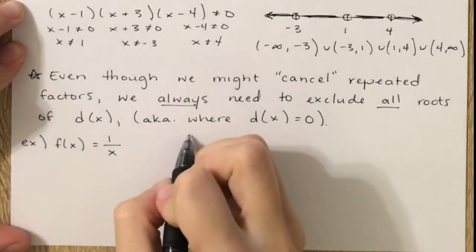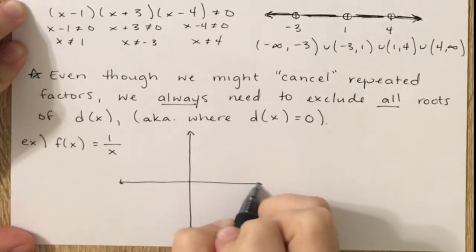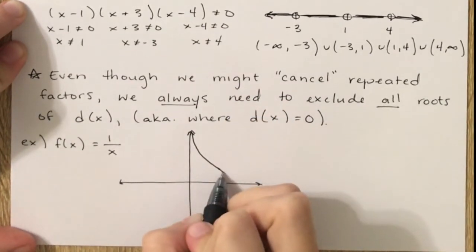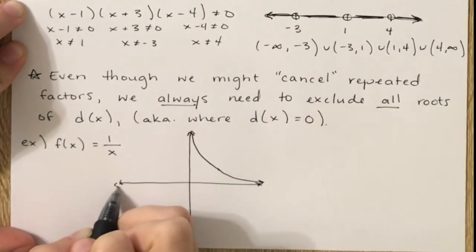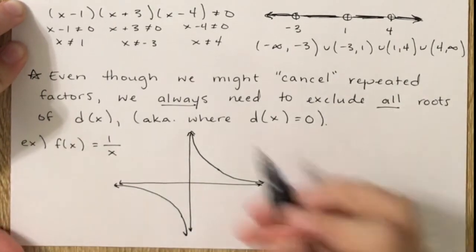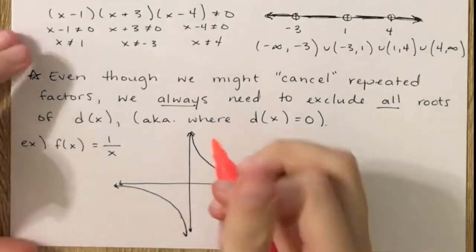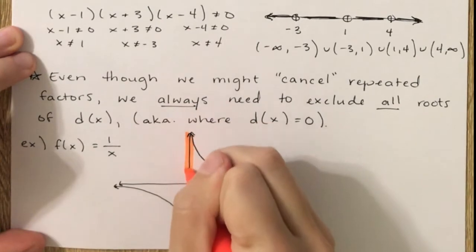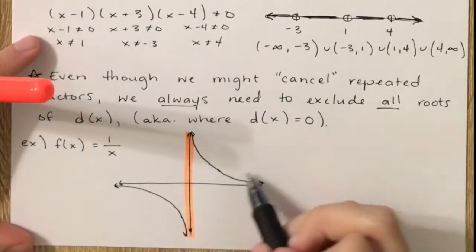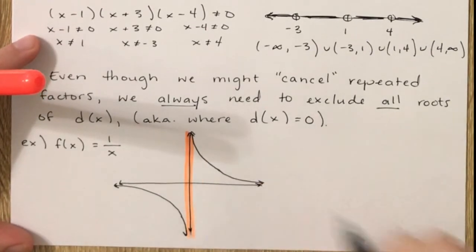So remember that our graph for something like 1 over x has this shape, where we had this vertical asymptote here, where we got really, really close but didn't touch, both here and here, right?